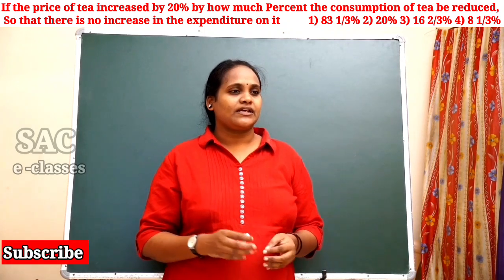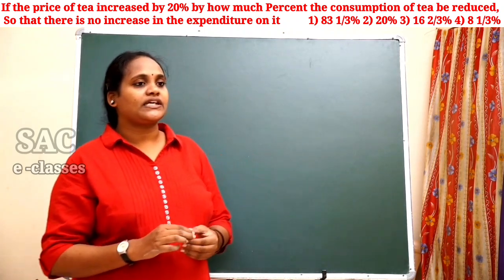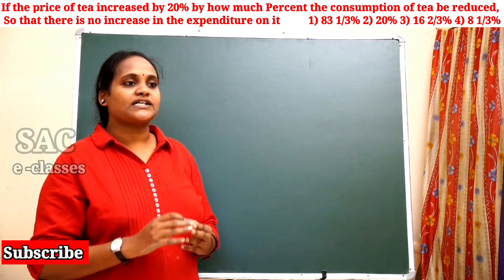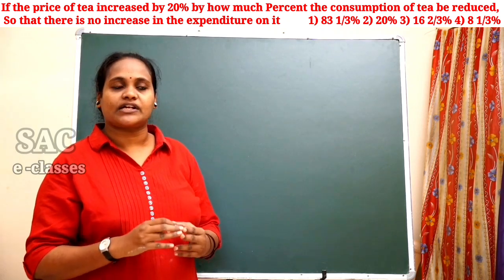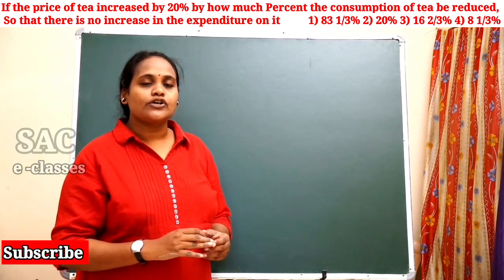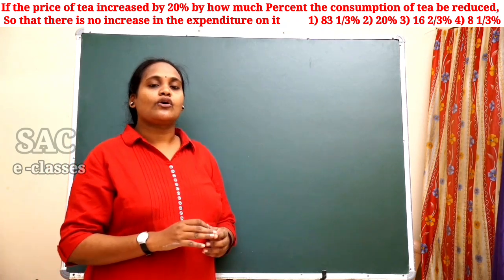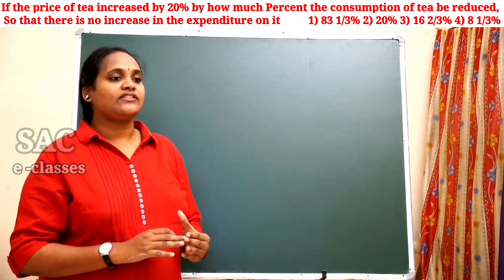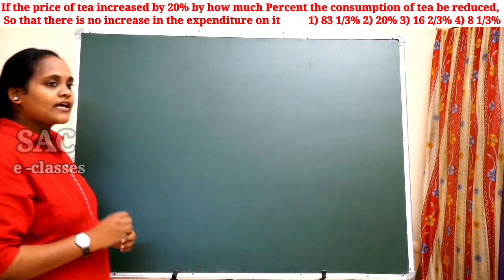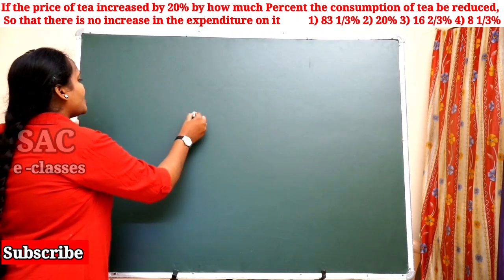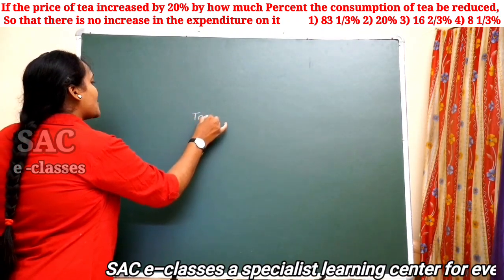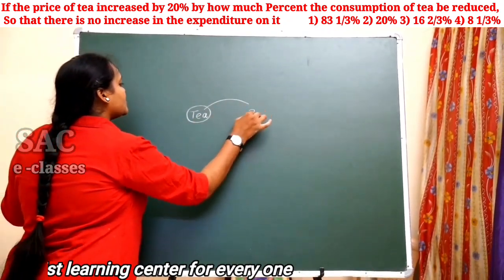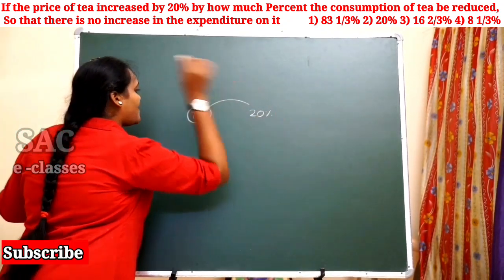If the price of tea is increased by 20%, by how much percentage should the consumption of tea be reduced so that there is no overall change or increase in the expenditure on it. The problem is very simple. There is some change in the tea price. How much change is there? There is a 20% increase.